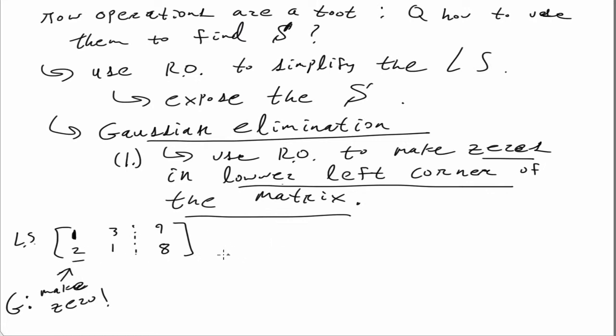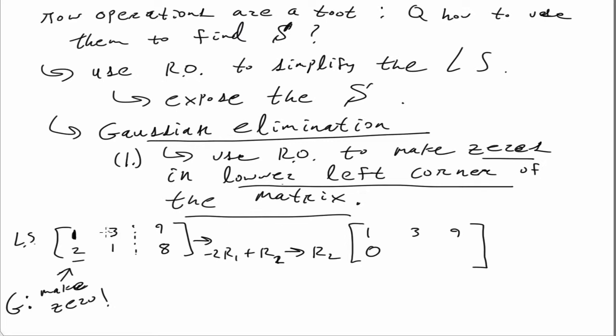So I'll write that down here. I'm going to say row 1 times -2 plus row 2, so I'm going to put an arrow there, and that's going to be my new row 2. And what that's going to do is put a 0 in that lower corner. So of course row 1 is going to stay the same. We're going to put that 0 there by design, and then we have to figure out what the rest of them are.